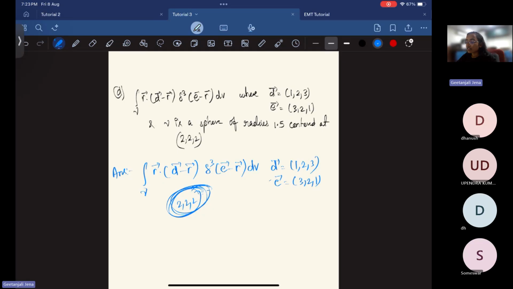So for this, what you can do? So origin at 2,2,2. Let us say the point is here. So just see whether this length element is less than or equal to the radius amount.